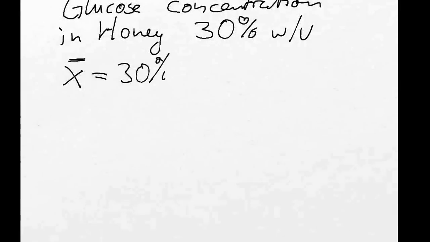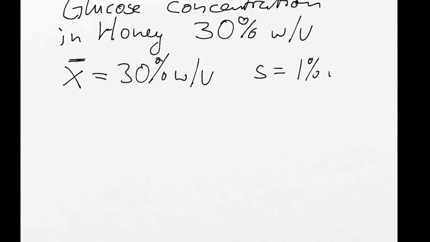And you got 30% weight per volume of glucose. And if you did it in triplicates, you could have done a sort of standard deviation. Yeah? You could perhaps have found 1% weight per volume. I just make up some data, but that would be your standard deviation in this case.